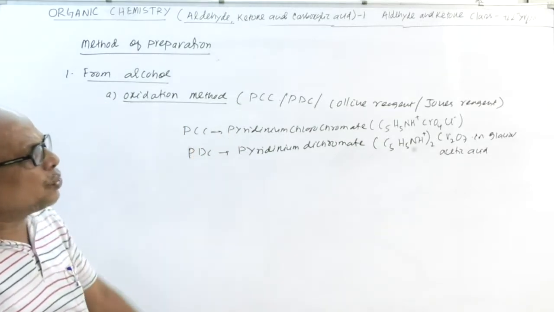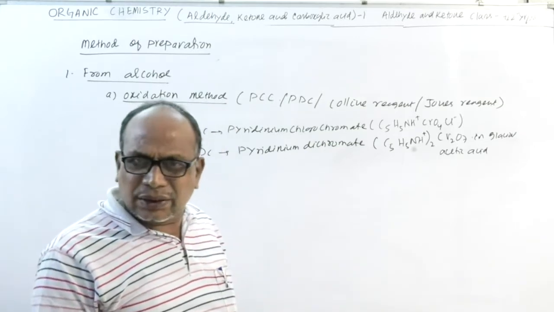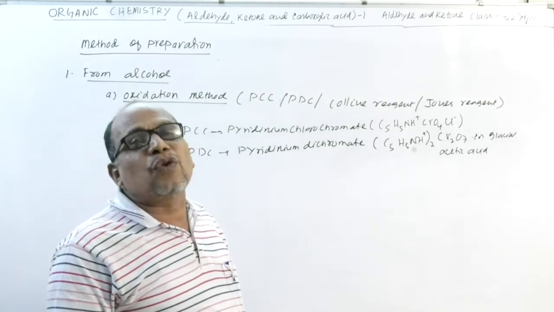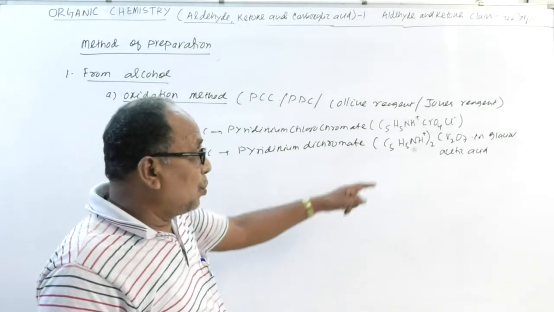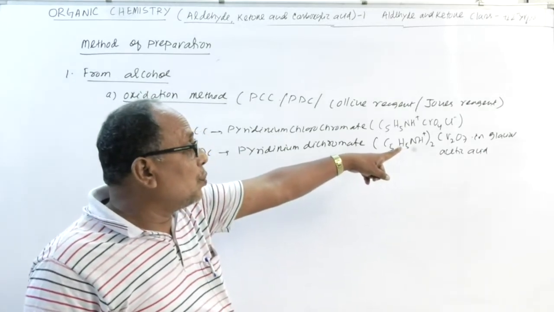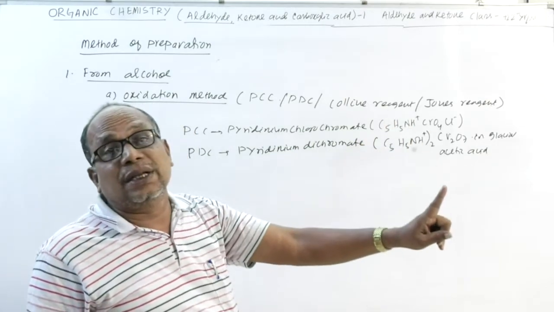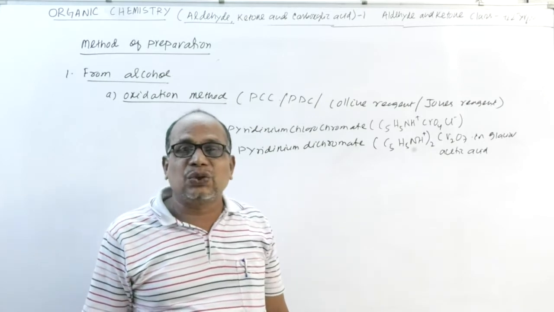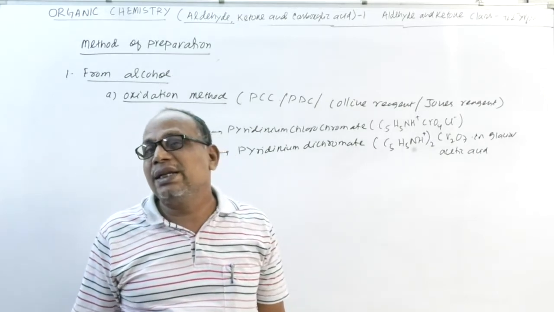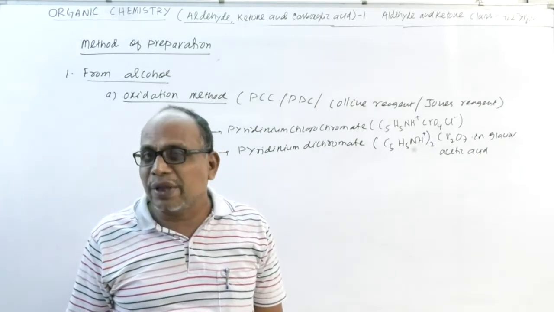Similarly, Jones reagent means chromic acid. What is it? Chromic acid means CrO3 plus acetic acid in a non-polar solvent CH2Cl2, that is DCM, dichloromethane.